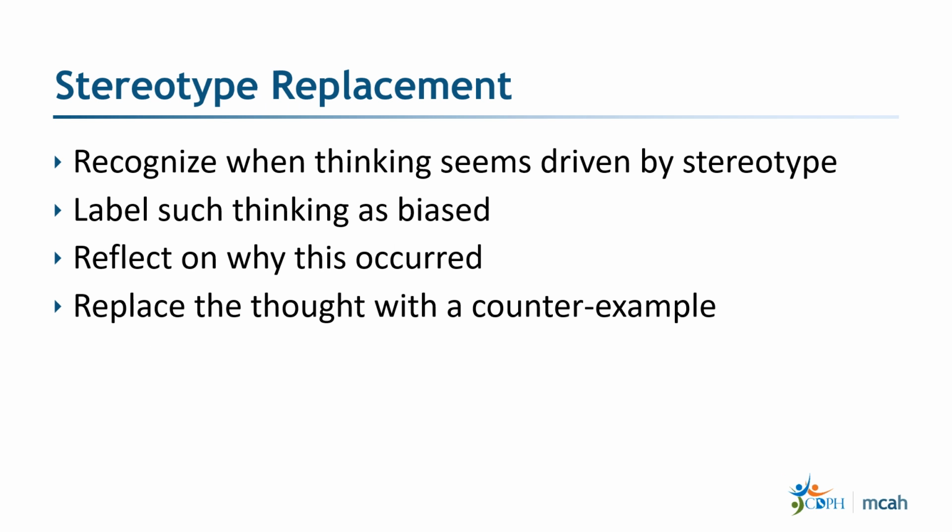The next step is to label that thinking as biased and then reflect on why it occurred. Why did I assume that about this person? Where did that thinking come from? Was it from this person individually? After reflection, then replace that thought with a counterexample. This helps to remind oneself that there are many expressions of that group of persons.